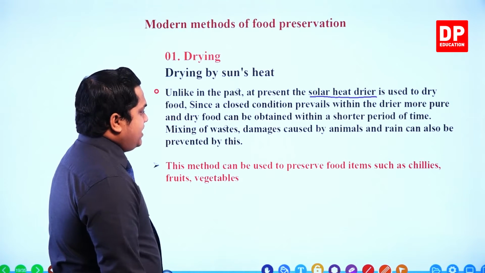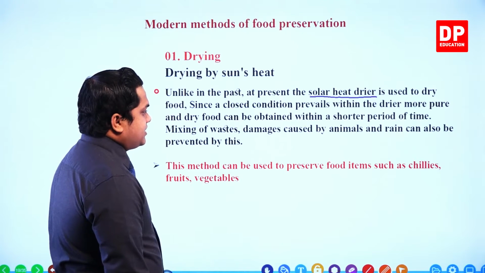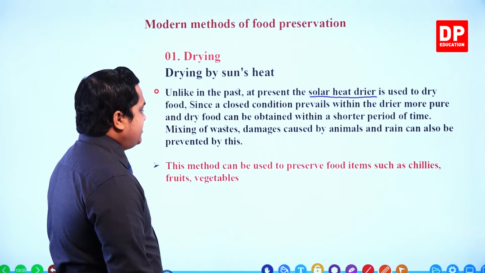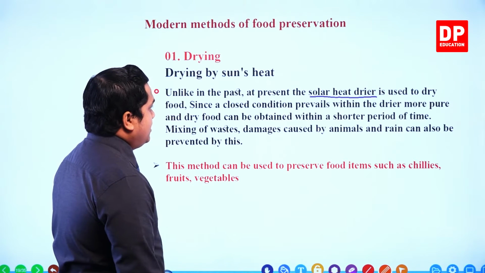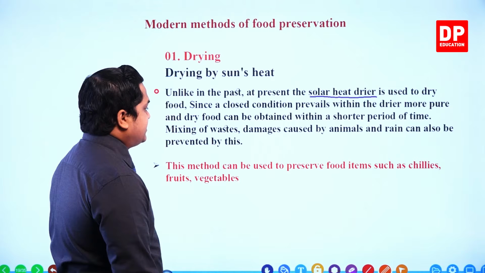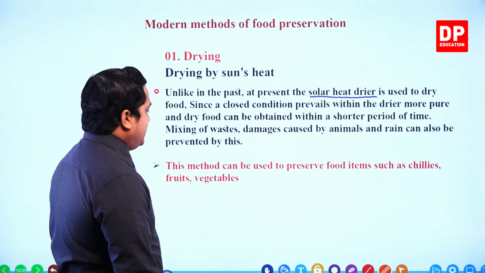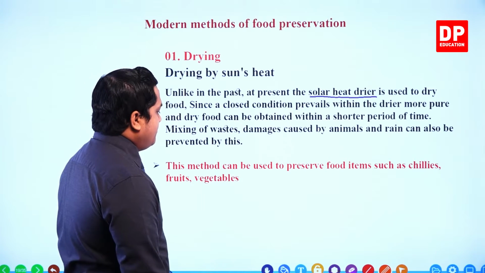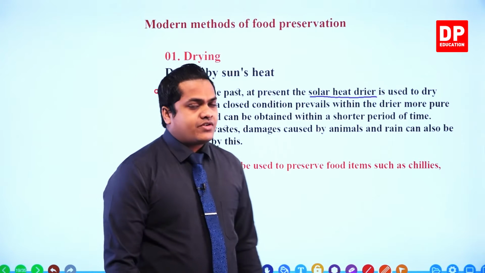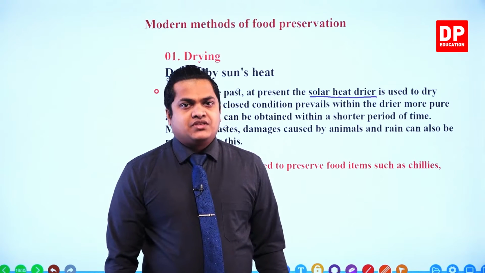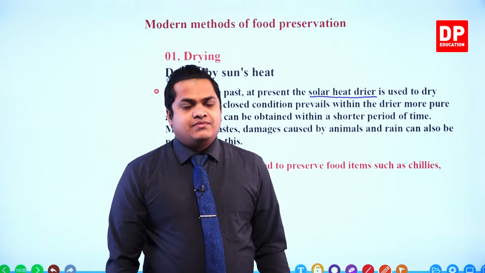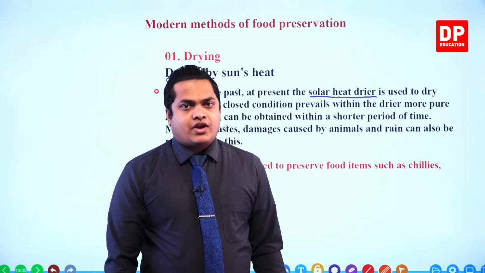This method can be used to preserve food items such as chilies, fruits and vegetables. So we can dry out chilies, fruits and vegetables mainly by using the solar dryer.